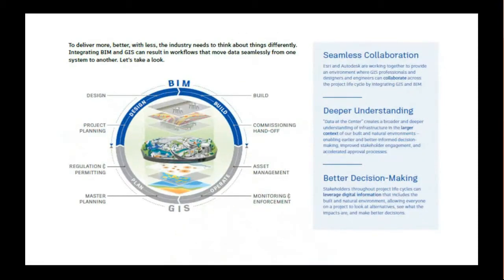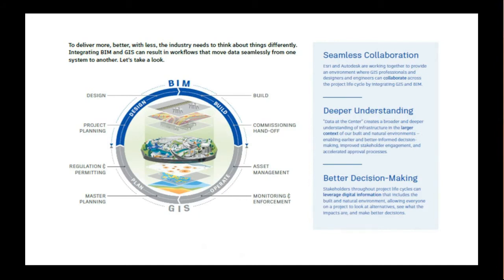The industry needs to think differently about integrating BIM and GIS into workflows that move data seamlessly from one system to another. So whether that starts at concept, all the way to design, all the way to asset management, into monitoring and enforcement.